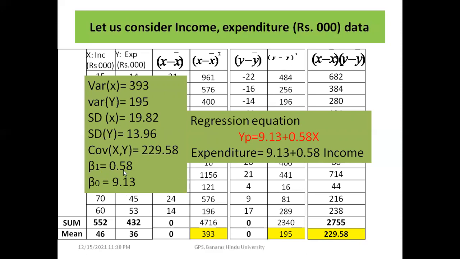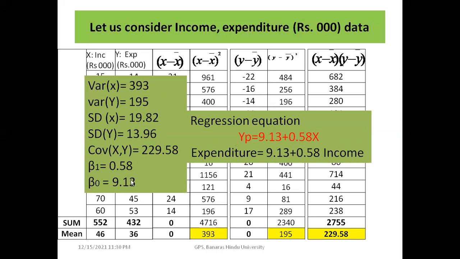Now, beta 1 is covariance of XY upon variance of X. So if I divide 229.58 by the square of 19.82, or 393, I will get 0.58. This is called beta 1.